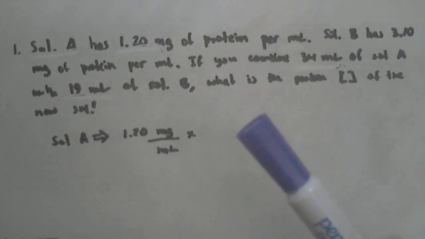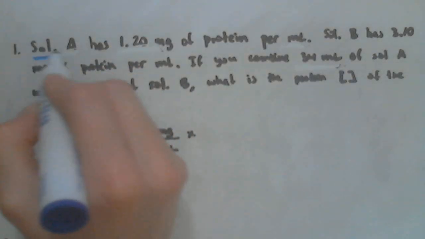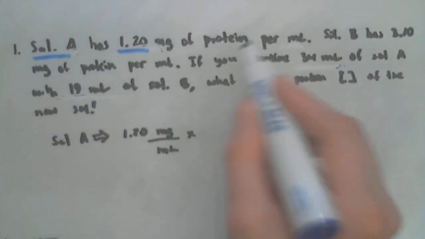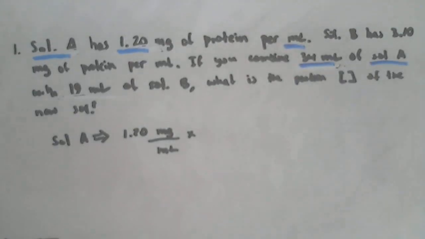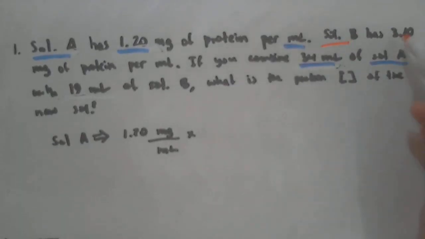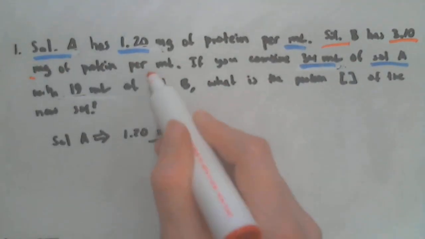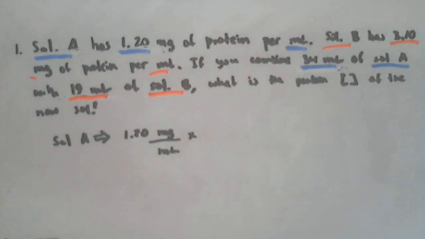Okay, so solution A, 1.20 milligrams of protein per milliliter, and then we have 34 milliliters of solution A. For the second one, we have solution B, 3.10 milligrams of protein per milliliter, and then we have 19 milliliters of solution B. Sounds good?